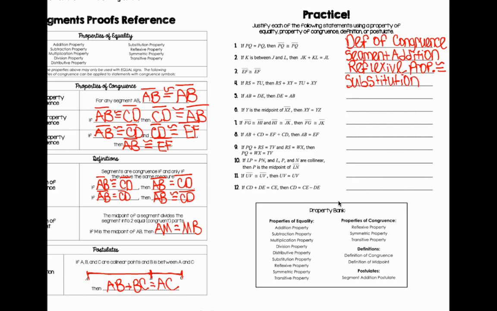If AB equals DE, then DE is equal to AB. So that is the symmetric property. If Y is the midpoint of XZ, then XY equals YZ. That is your definition of a midpoint.